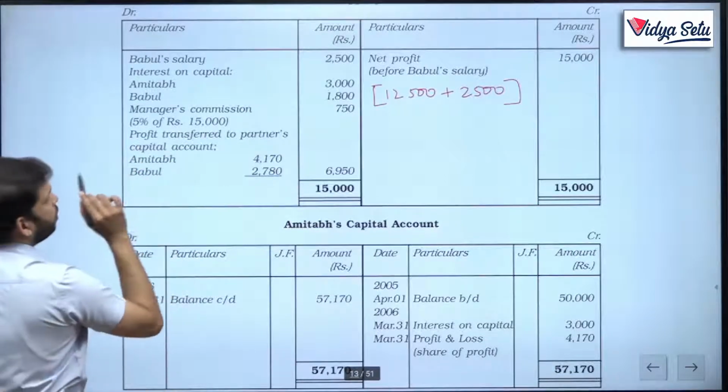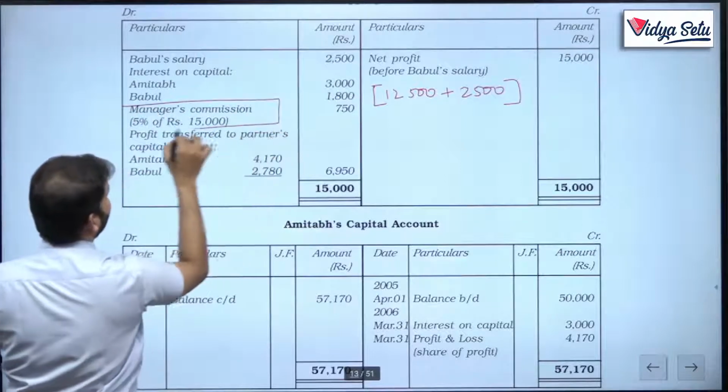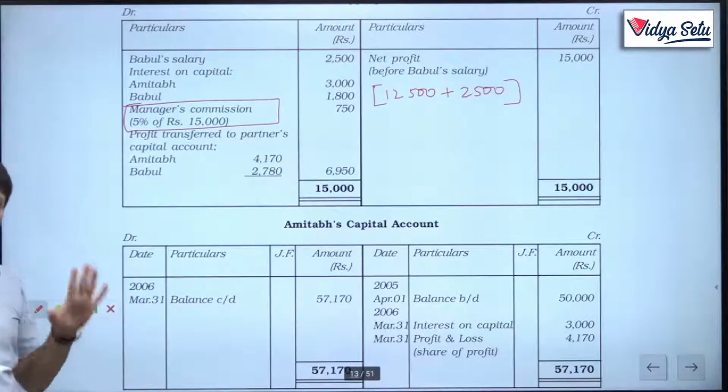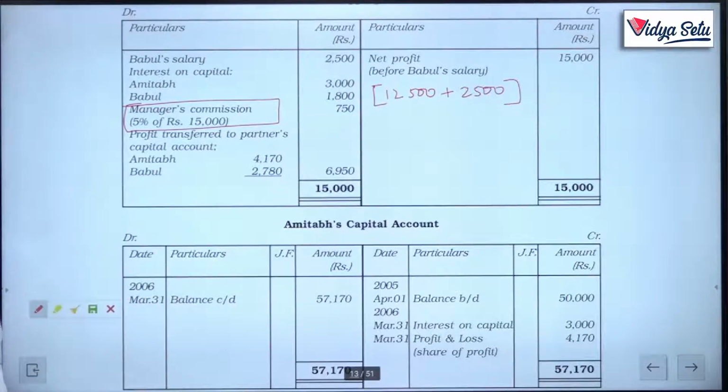Now all of you, I would not have solved this here. Why? Because in the P&L appropriation account, everything which goes to the partner comes here. I would have solved it in a different way, though the answer will be the same, but the presentation given by NCERT is incorrect. How to solve it on our own?